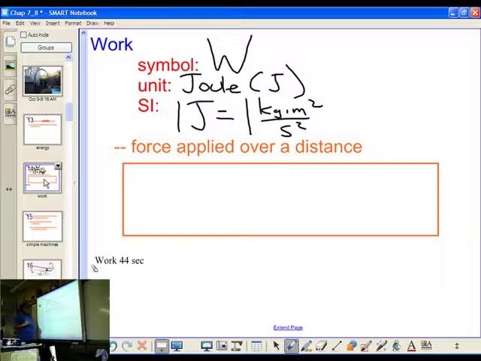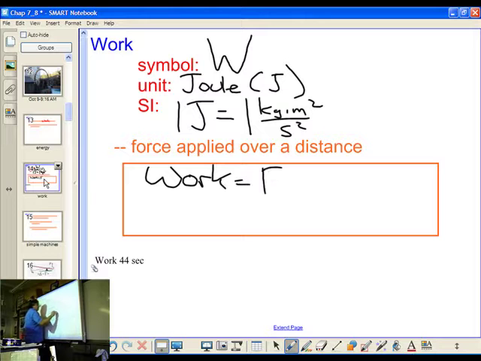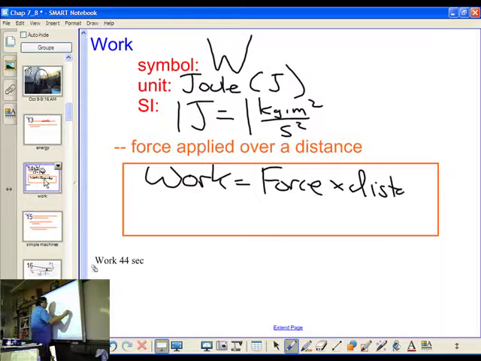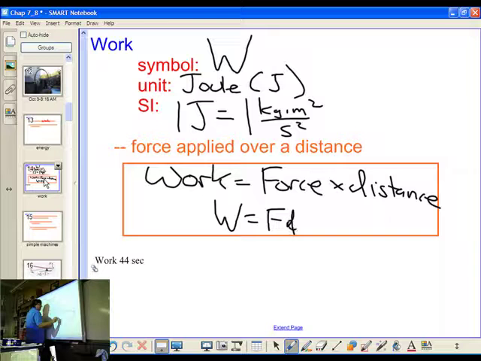This is the force applied over a distance. So our work is equal to the force times distance. In other words, W equals Fd, or Fx, and a number of other ways to say distance.